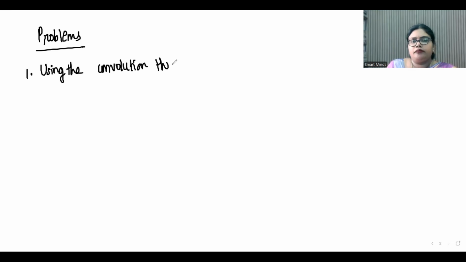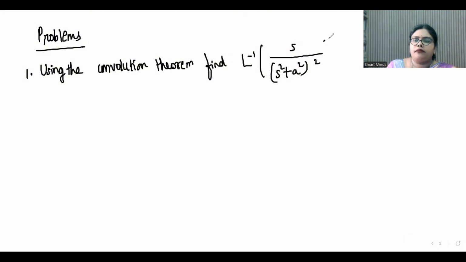So let us cover a few problems here. First question is, using the convolution theorem, find L inverse of s by s square plus a square whole square.